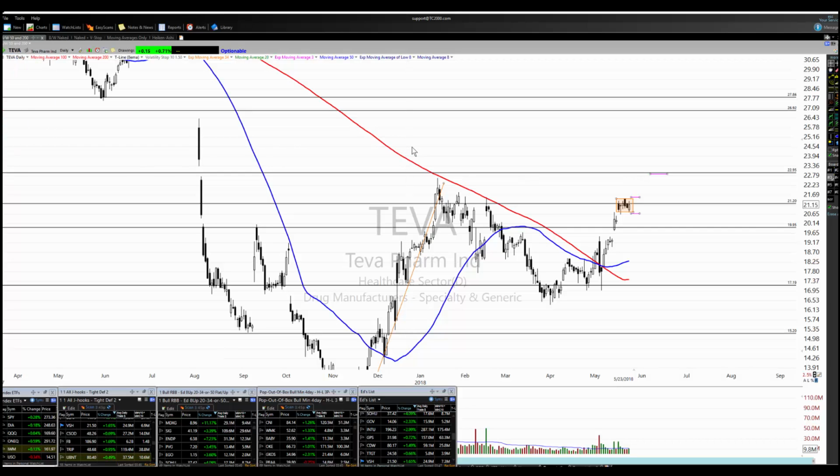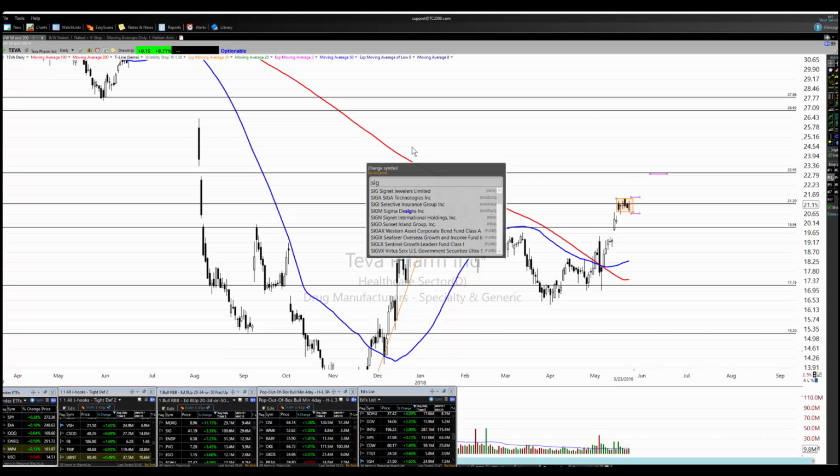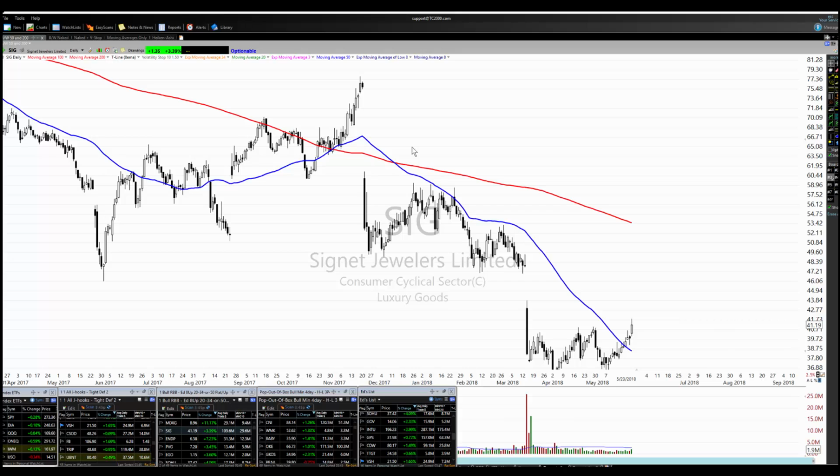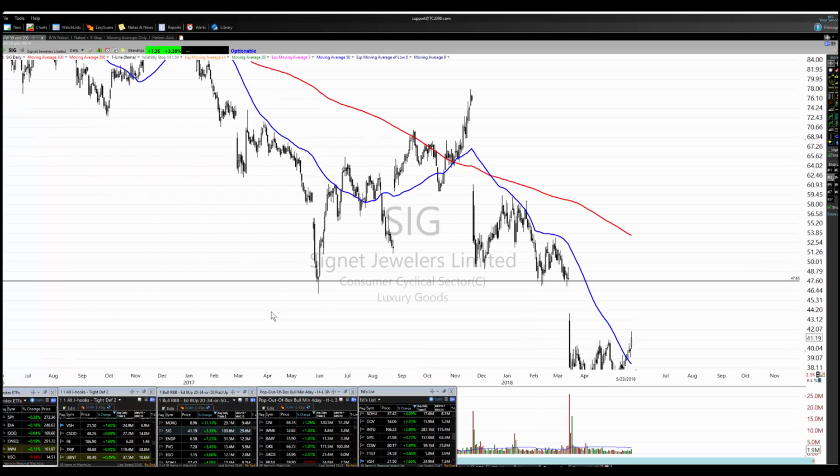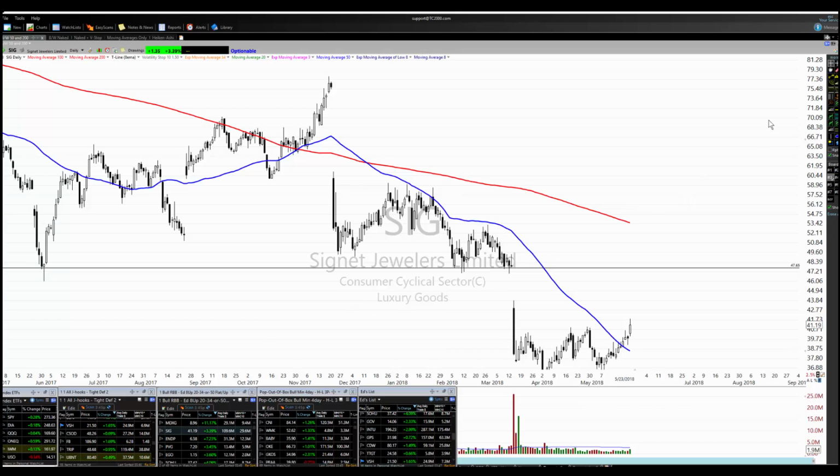Let's look at SIG here. You can see that this is a level. You can see that this is a level someplace in here, and probably the beginning of the gap.